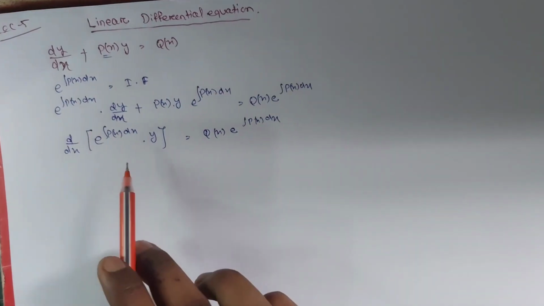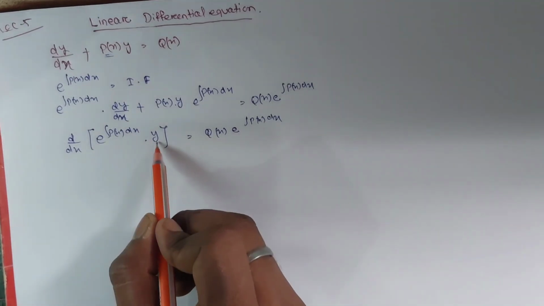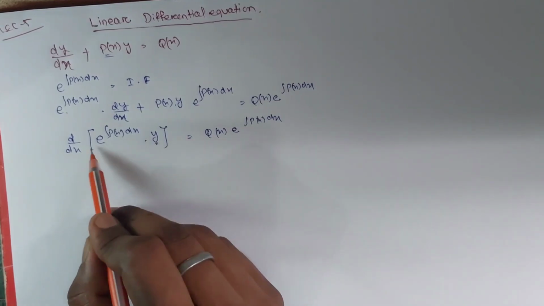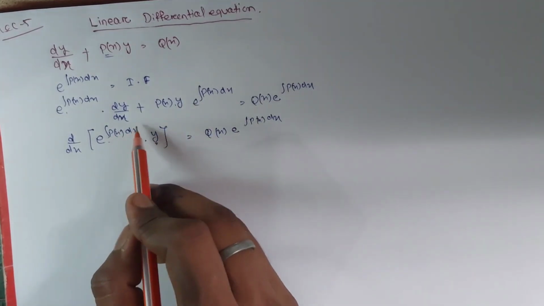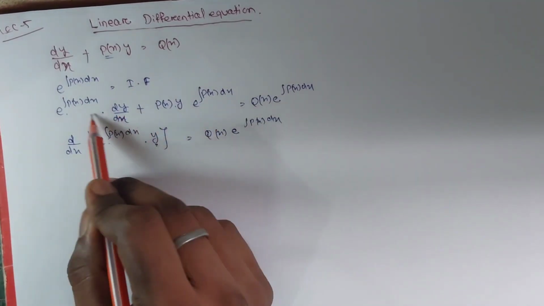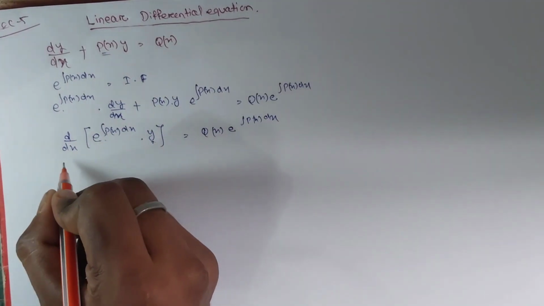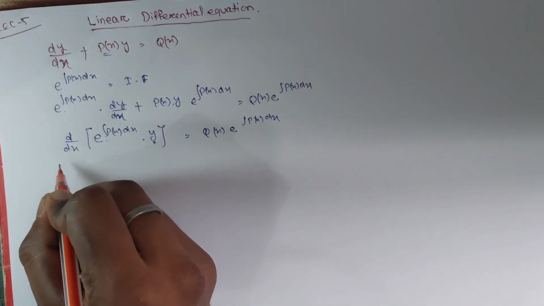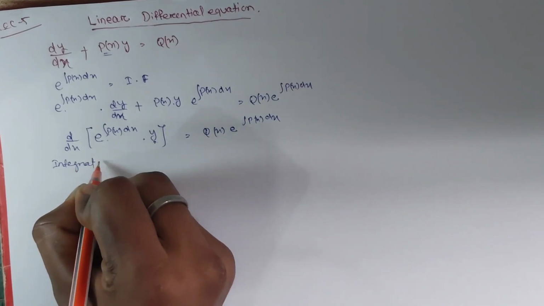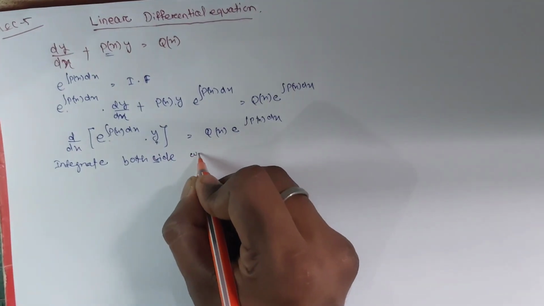Okay, you can see that if we apply the chain rule of derivative, then the derivative of this part, P comes out, and this derivative is exactly equal to this value. So after rearranging it, we integrate both sides with respect to x.